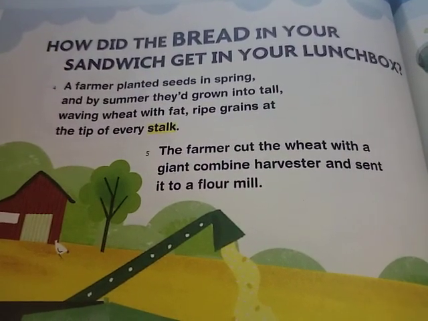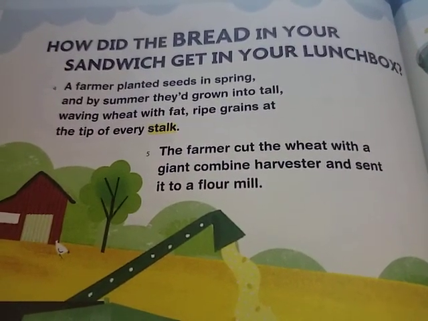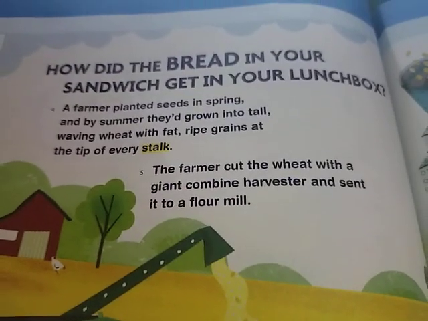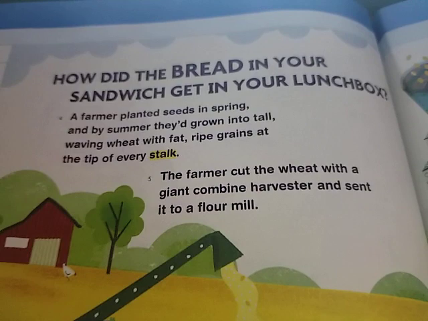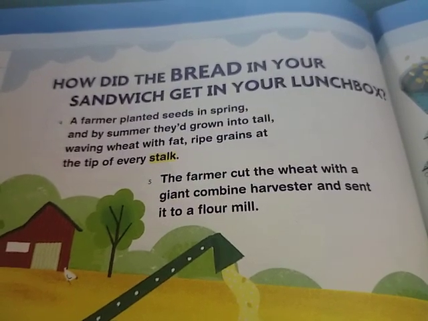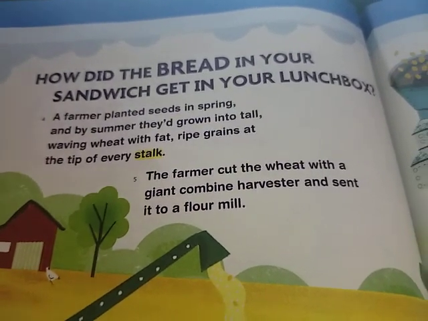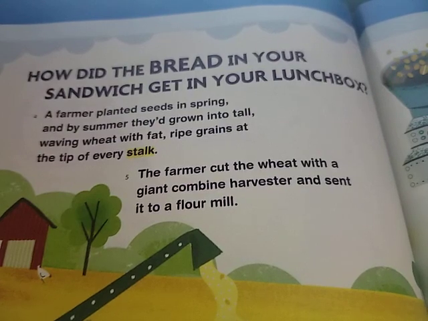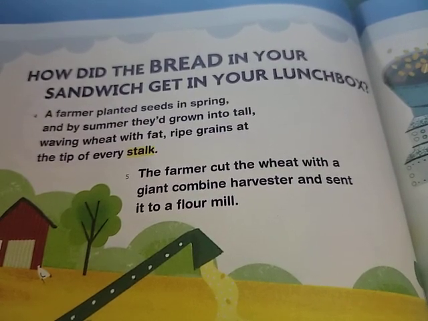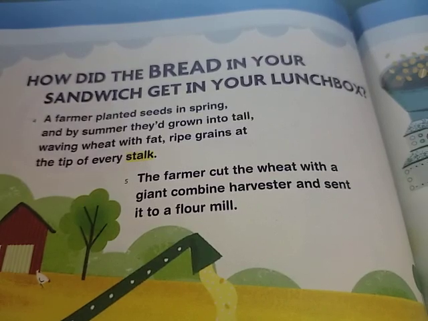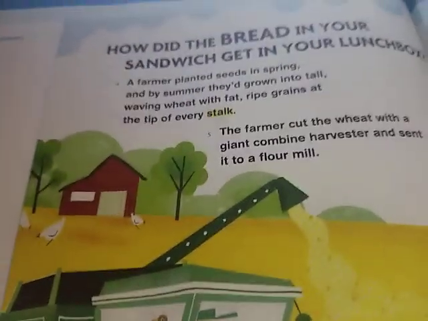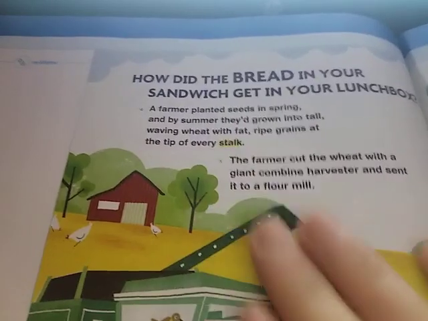A farmer planted seeds in spring, and by summer they'd grown into tall, waving wheat with fat, ripe grains at the tip of every stalk. The farmer cut the wheat with a giant combine harvester and set into a flour mill. Okay, so that's it. That's just this page.